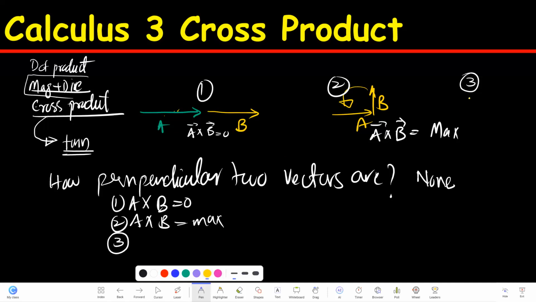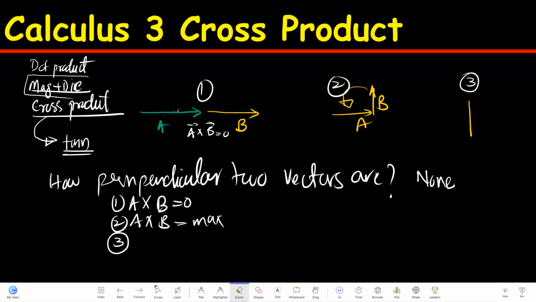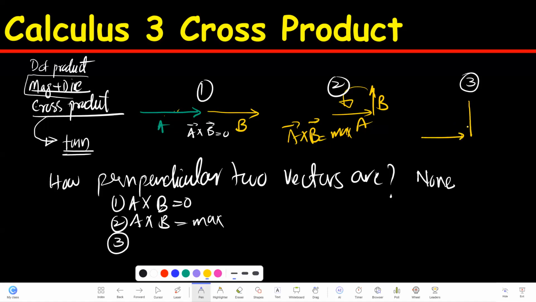In the third case, I have a vector A, and vector B is not parallel and not even perpendicular.